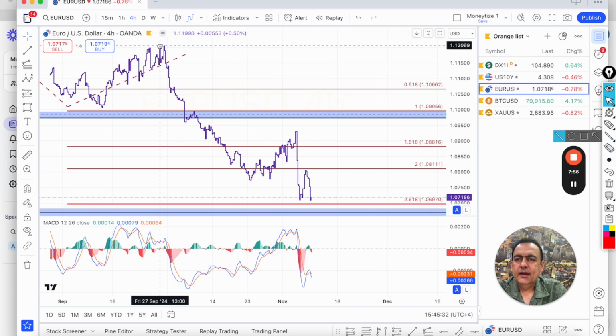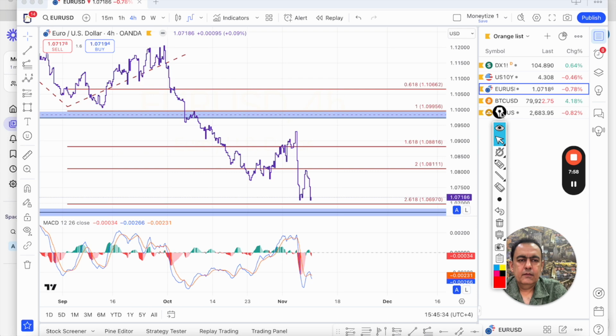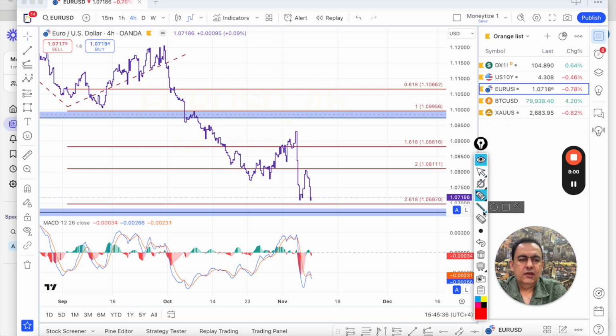We have a high followed by lower highs, next lower high, lower high, lower high, and lower high. And this was the short rally prior to the election announcement, and now it has given a new lower high.